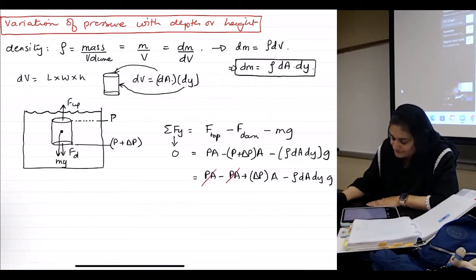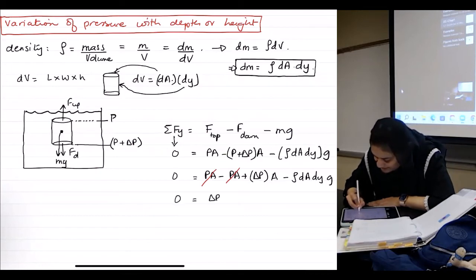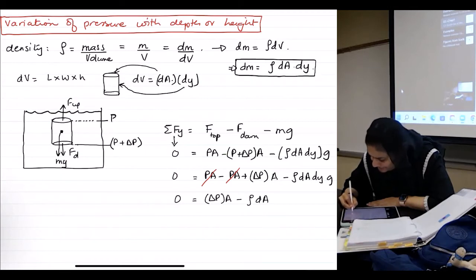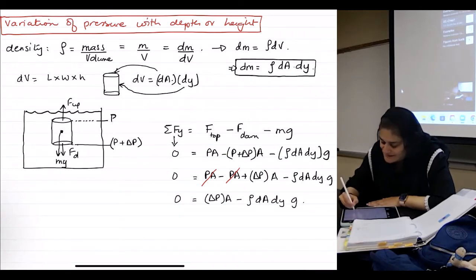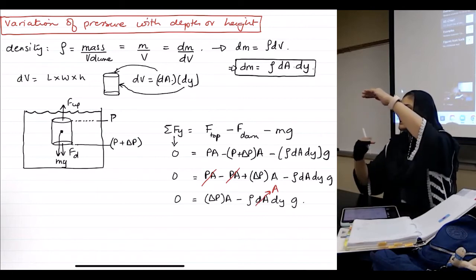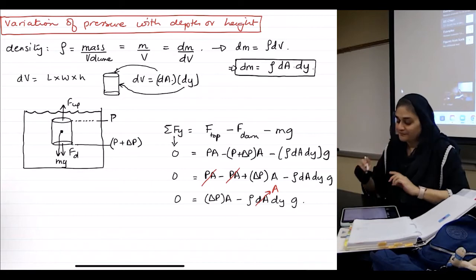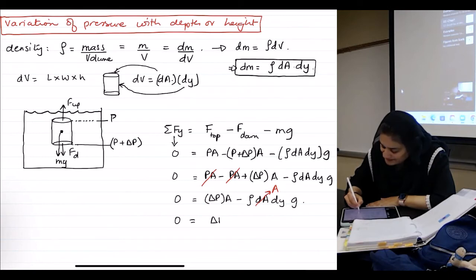These two get canceled. I am left with 0 equals delta P A minus rho dA dy g. Now, can I replace this dA with A? Because the area is not changing, right? The cross-sectional area is not changing. So I can rewrite this as 0 equals delta P A minus rho A dy g.